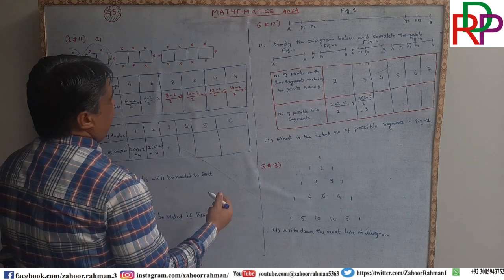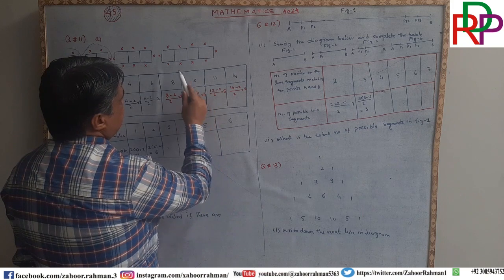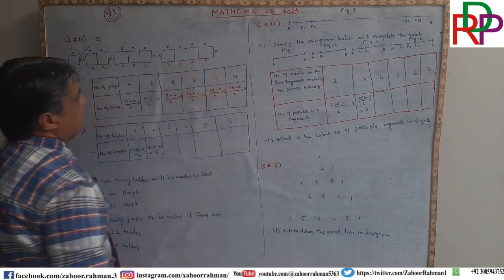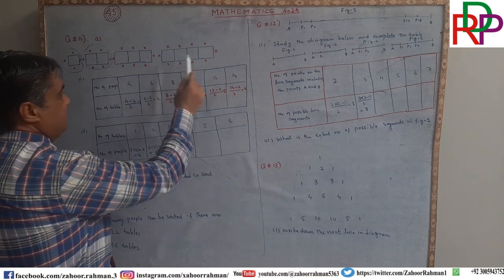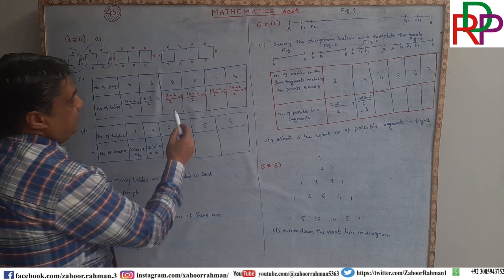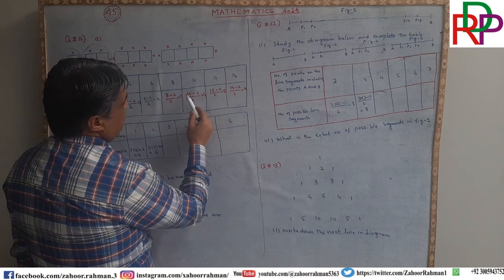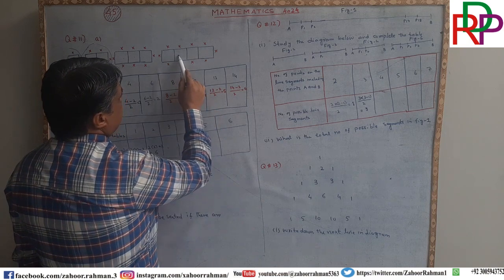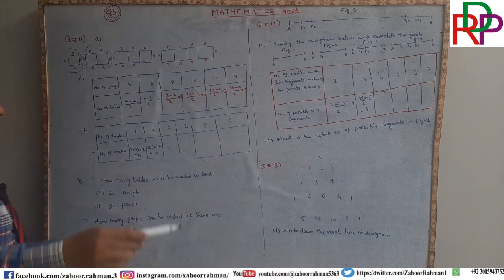Similarly, if there are 10 people, 1, 2, 3, 4, 5, 6, 7, 8, 9, 10, how many tables? There are 4 tables, and according to the formula, 10 minus 2 divided by 2 is 8, 8 divided by 2 is 4. So 4 tables are required.